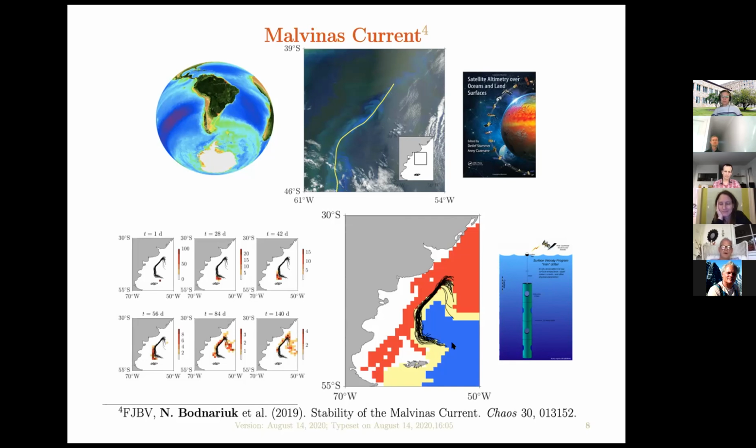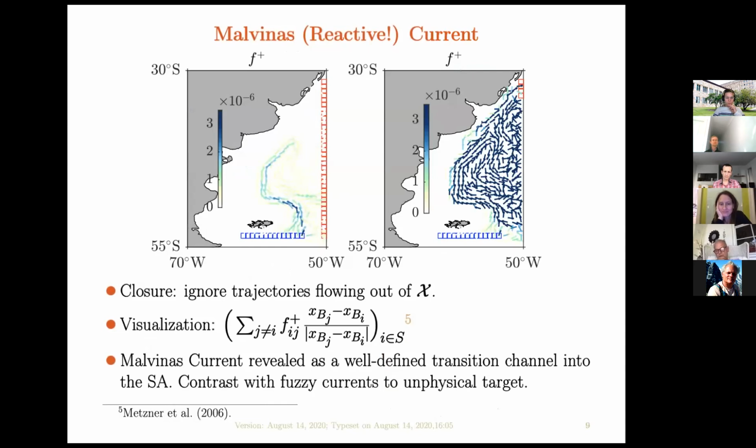geography of basins of attraction that shows a partition of the domain. So the red is not mixing with the blue or the yellow. So it was a good place to test these ideas, to see what we can do when we apply TPT, transition path theory, in here. First thing we did, we just ignored the trajectories that went out of the domain.